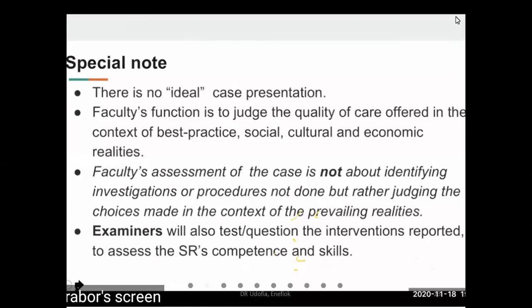And also, the faculty's or the examiner's assessment of a case is not about identifying investigations that you have not done or procedures you have not done. But if you say you did a procedure, you should be able to defend that procedure based on some realities and be able to explain that procedure.